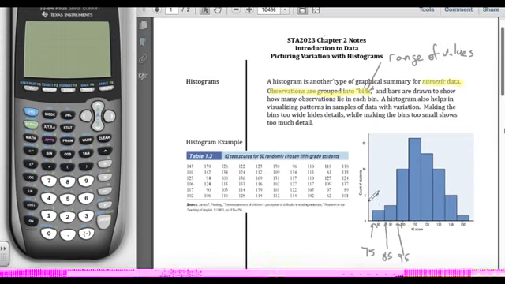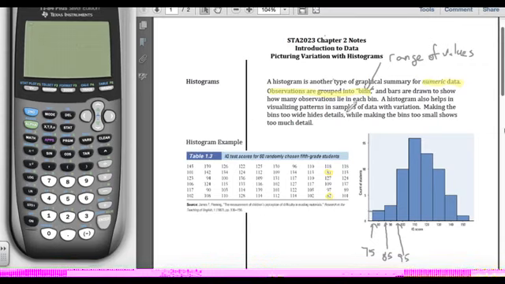You can see we've got some counts of students across the side, 5, 10, 15. So this first bar goes up to 2. It looks like there are 2 students who have scores between 75 and 84. And if we look carefully, we can see in this data set there are 2 students between 75 and 84. That would be the 81 right here and the 82 right here. There are no other scores in that range.